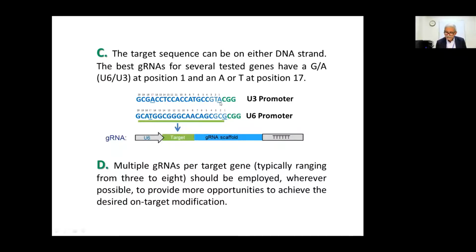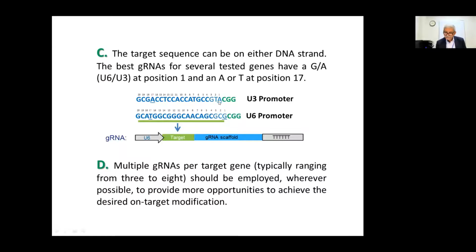At position number 1, which is close to the NGG site, that is the target site, just adjacent to the PAM sequence, the first nucleotide must be an A or a G. A in case of U3 promoter, G in case of U6 promoter.